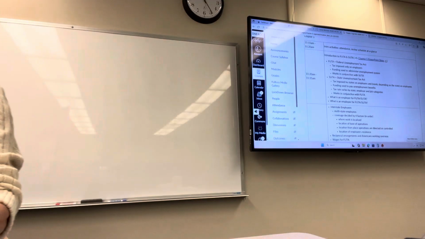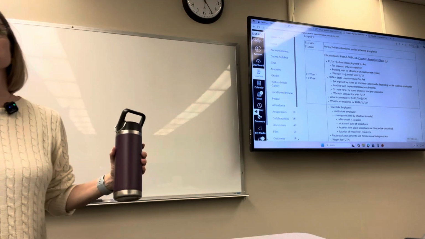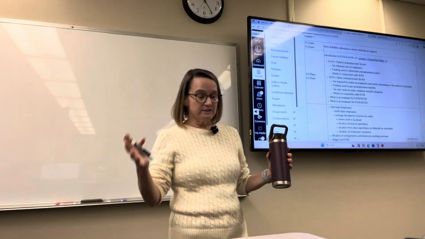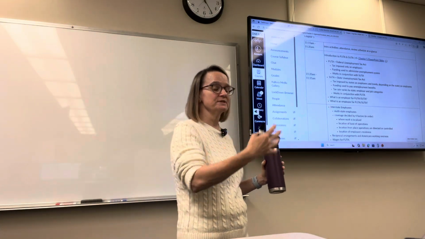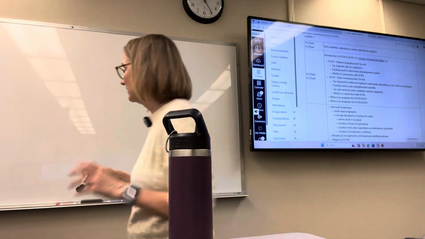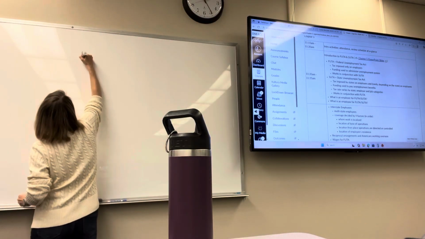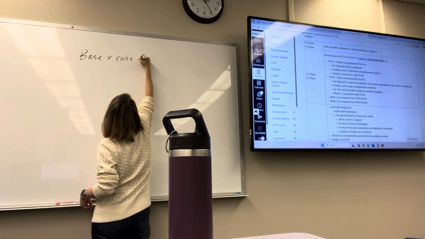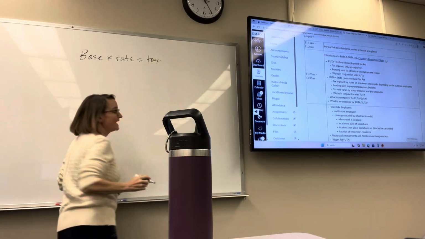We're going to go through those two types of taxes. We're going to start out talking about what we usually start out talking about in these chapters: what is considered wages for purposes of the tax, because as you recall, we've got our equation, our base times our rate equals our tax.